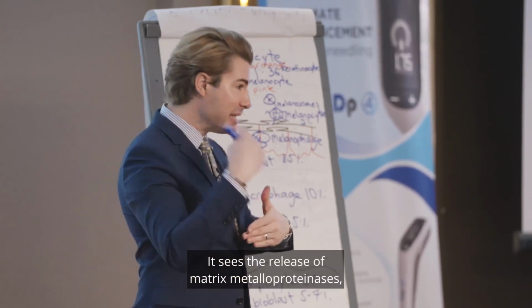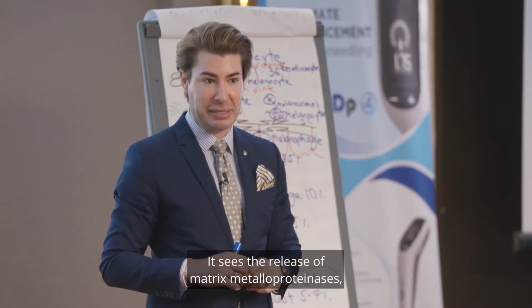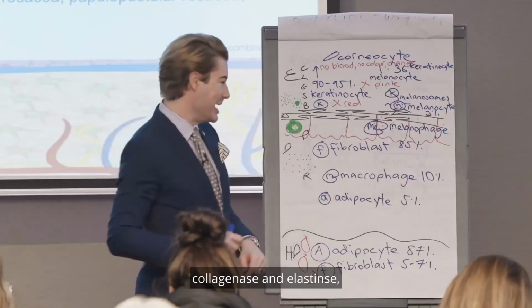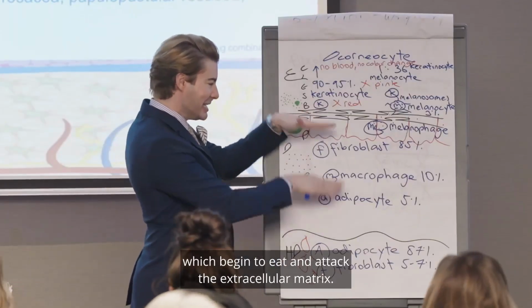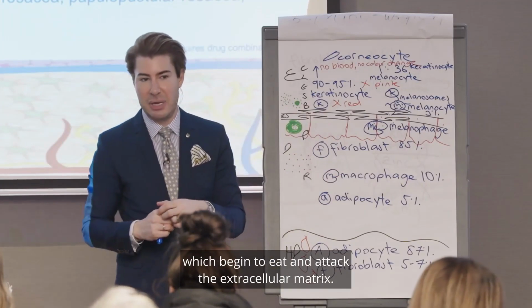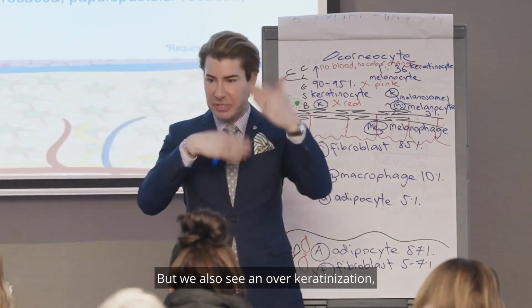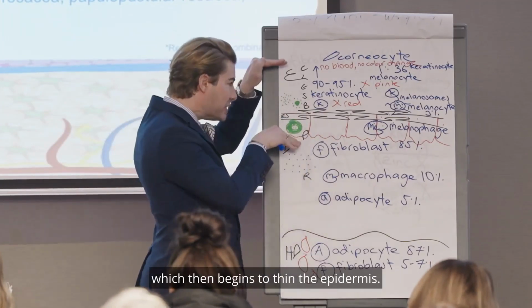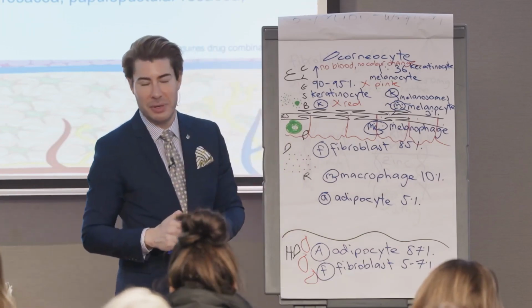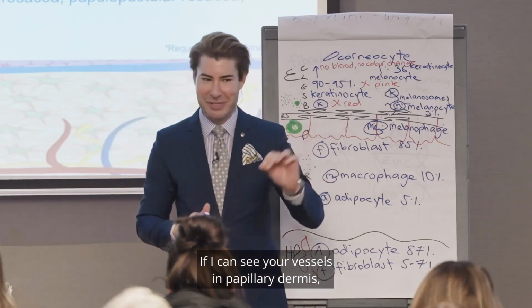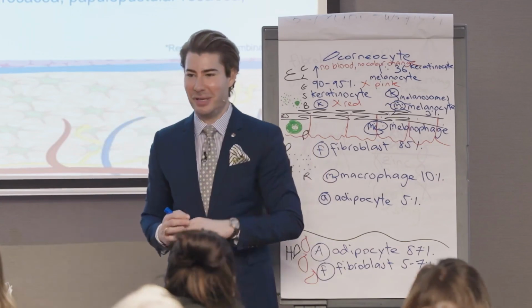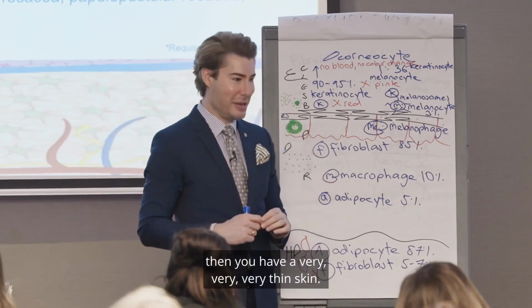It sees the release of matrix metalloproteinases, collagenase and elastinase, which begin to eat and attack the extracellular matrix, but we also see an overkeratinization, which then begins to thin the epidermis. If I can see your vessels in papillary dermis, then you have a very, very thin skin.